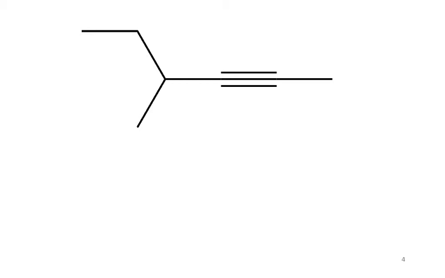Okay. Now I have a triple bond, so it's going to be an alkyne. It looks like my longest chain is 1, 2, 3, 4, 5, 6, so it's going to be hexyne. And I guess I should make a note, right? When I have triple bonds, it looks a little bit weird because I don't actually have angles, right?